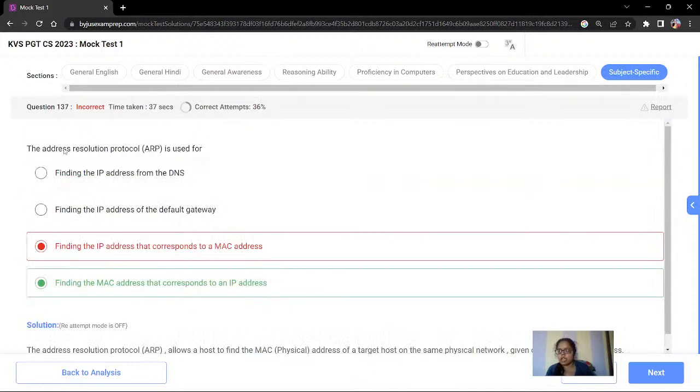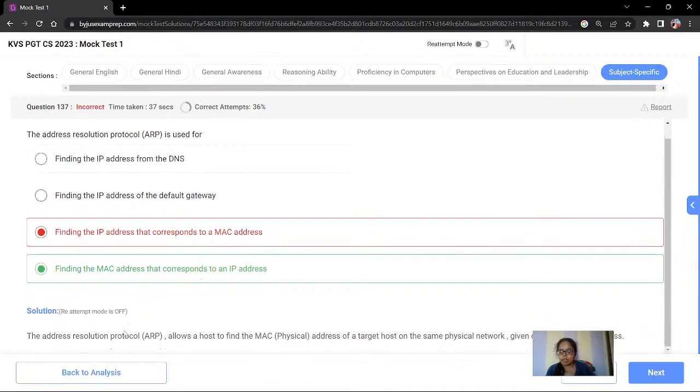Next, the Address Resolution Protocol, ARP, is a very important question for KVS: finding the MAC address that corresponds to an IP address. By using ARP, we can find the MAC address corresponding to an IP address. These two options are the most confusing for ARP: it allows a host to find the MAC address of a target host on the same physical network given only the target IP address.